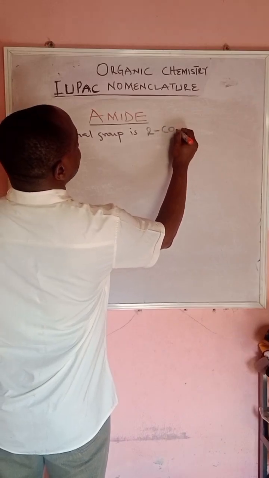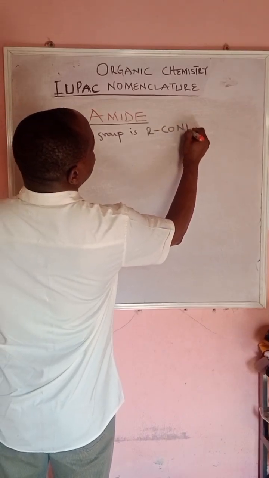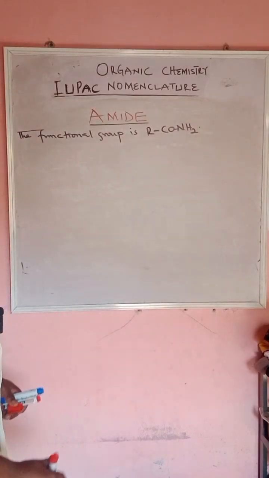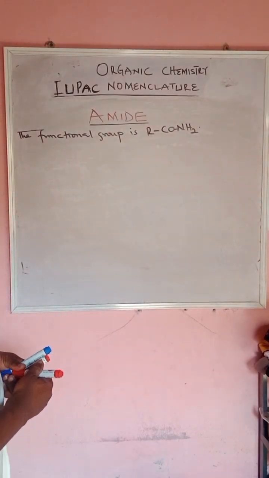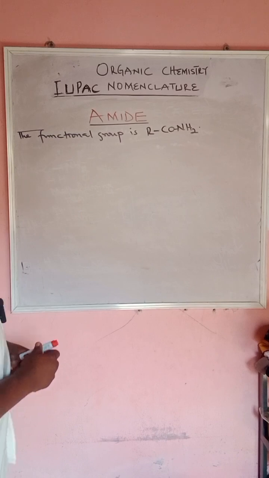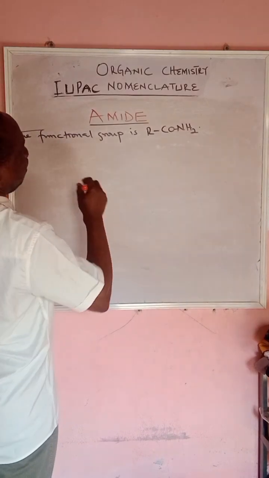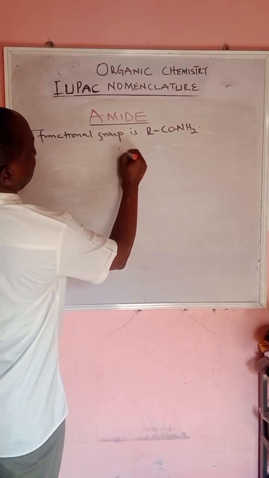That's the functional group in amide, written as R-C double bond O, then NH2.